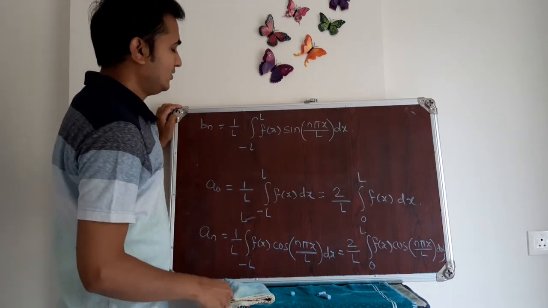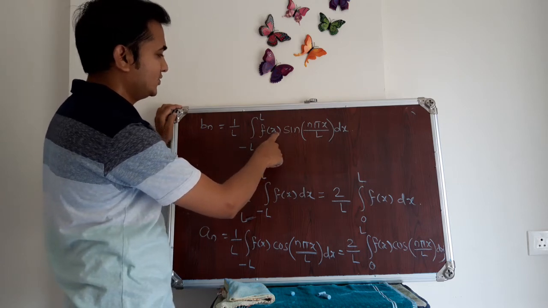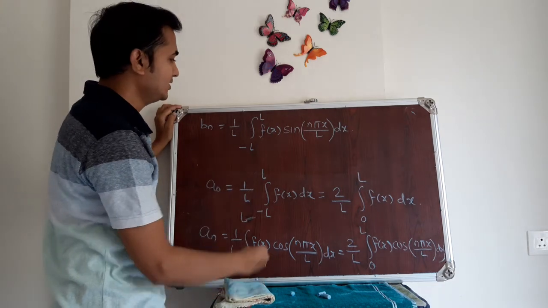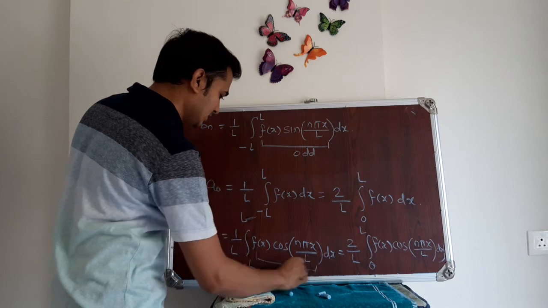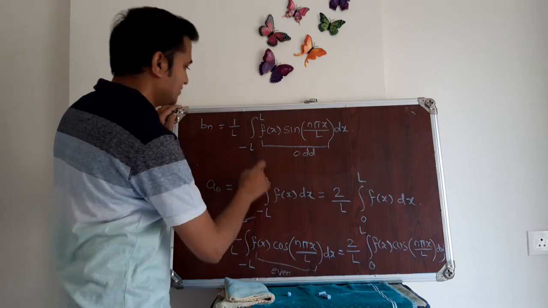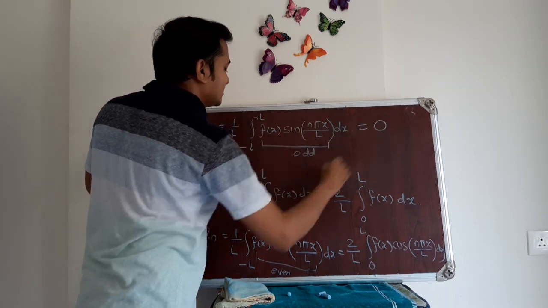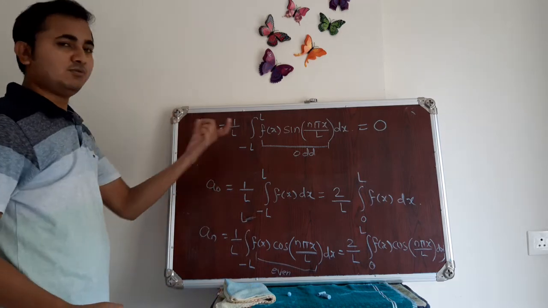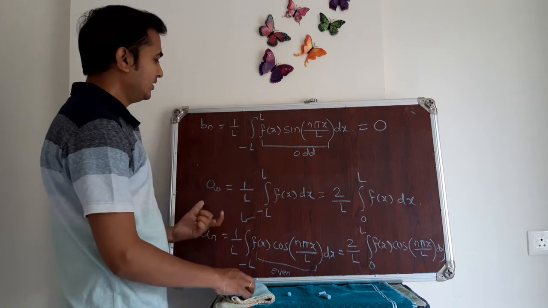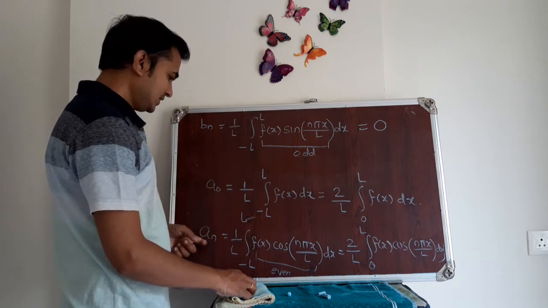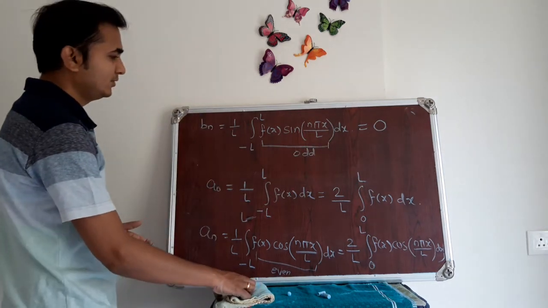Now f of x is an even function, sine is odd, so even into odd is odd, so this whole thing is odd. From minus L to L, the integration of an odd function becomes 0. So for the minus L to L interval and an even function, a naught survives, an survives, but bn is 0.